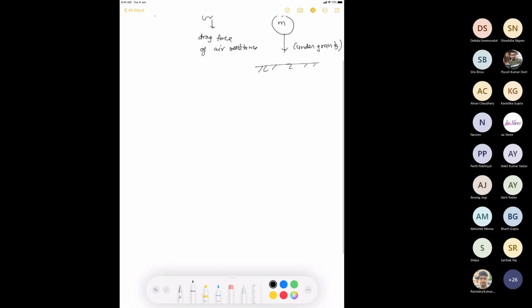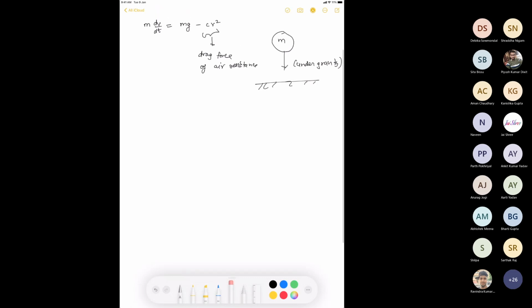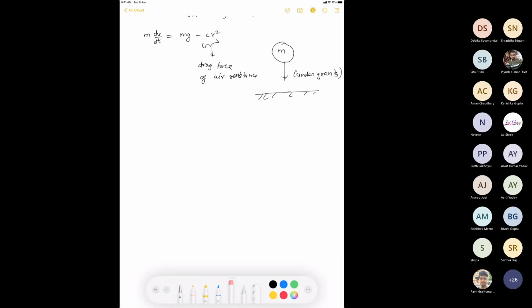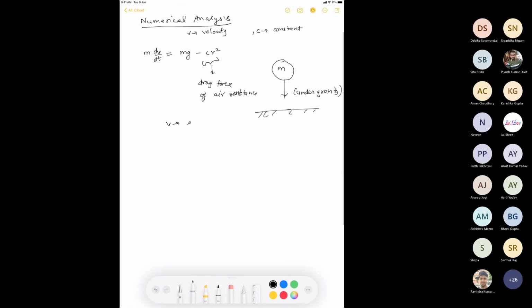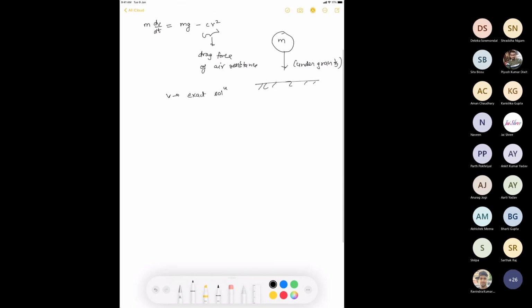But for the time being, let's start. Say, for example, if we have V as the exact solution of the mathematical model, right? Using the numerical methods, we will be getting some approximation Vh of this exact solution.